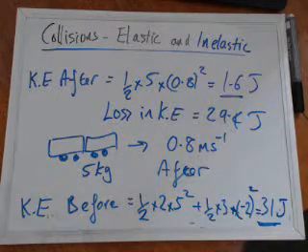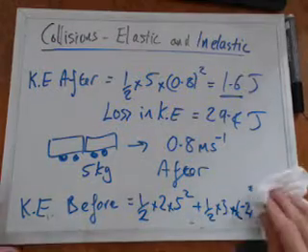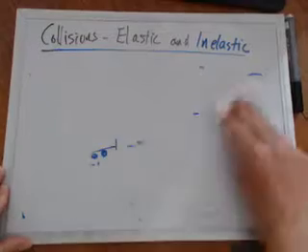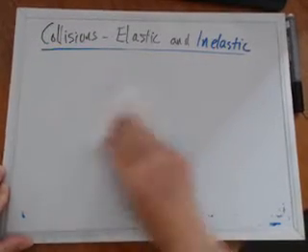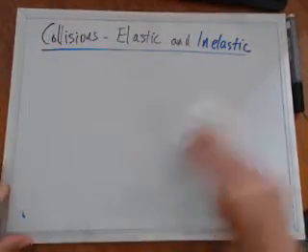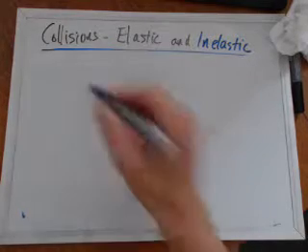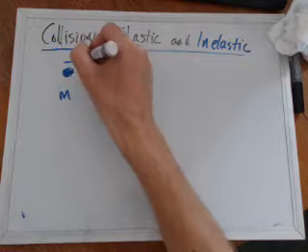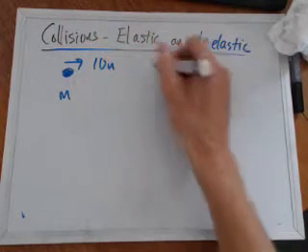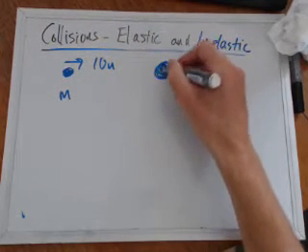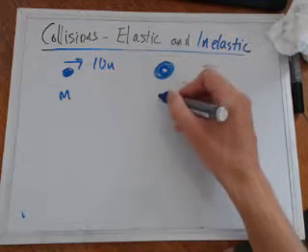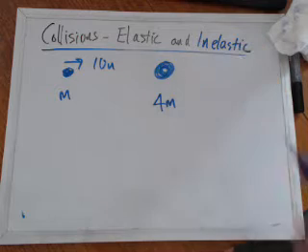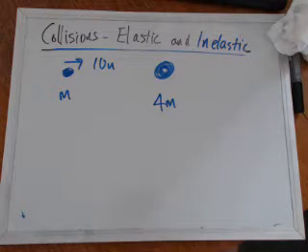Now we'll have a look at an elastic collision between an atom and a molecule. So we're going to have a proton of mass m moving with a velocity of 10u, colliding with a stationary helium molecule with a mass of 4m, 4 times the mass of a proton approximately, with no velocity at all.